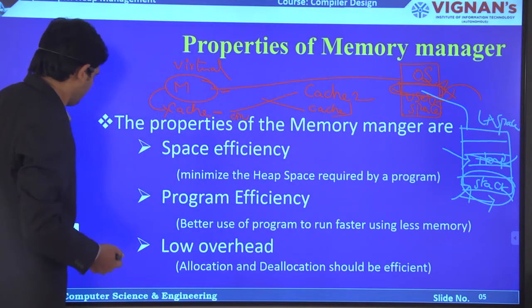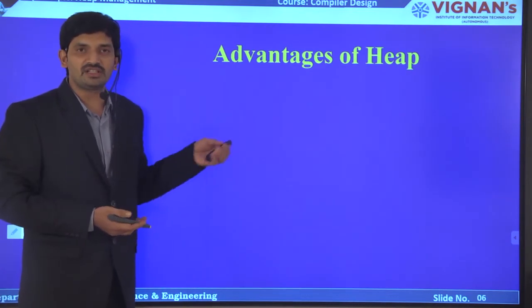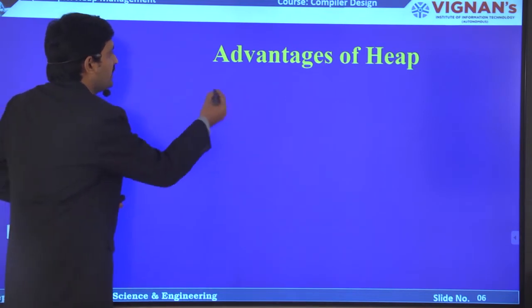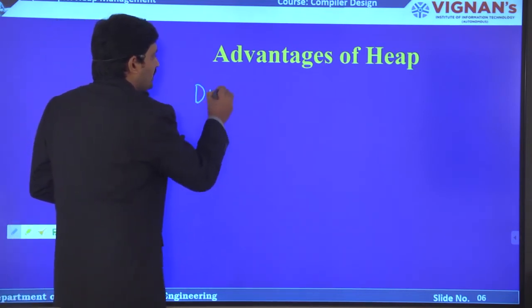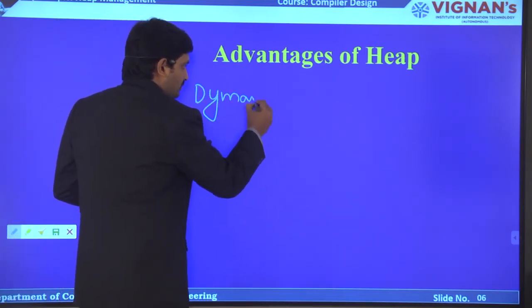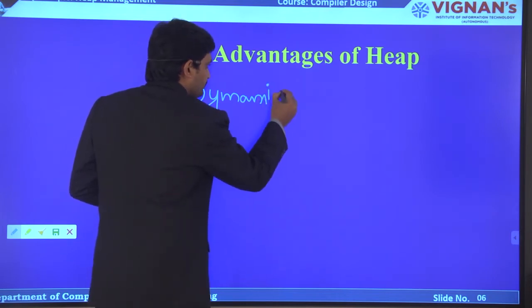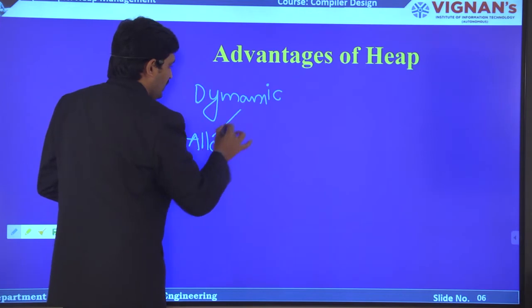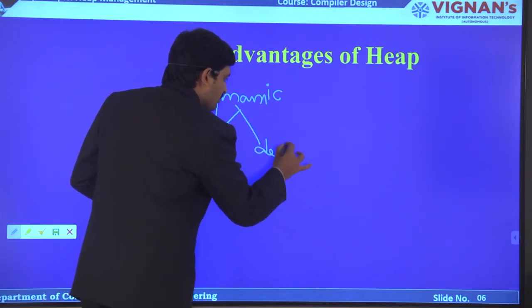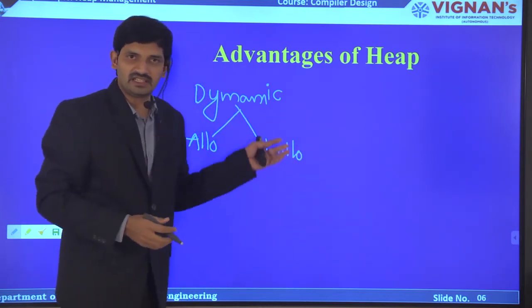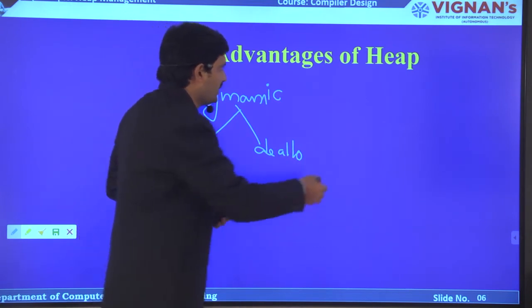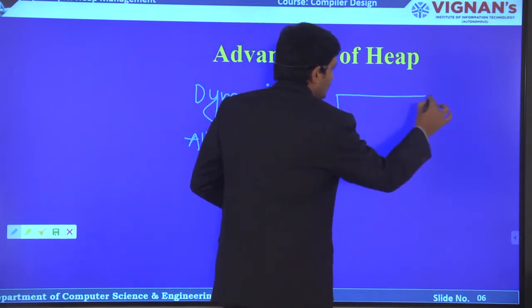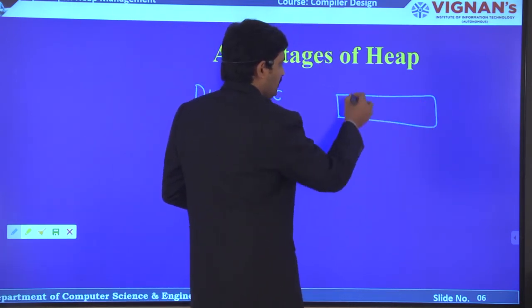Okay, and now let us discuss the advantages of the heap. Already we learned heap is mainly used in dynamic memory allocation. So if it is dynamic, we may allocate or deallocate the memory. If it is the static allocation, let us take another example.